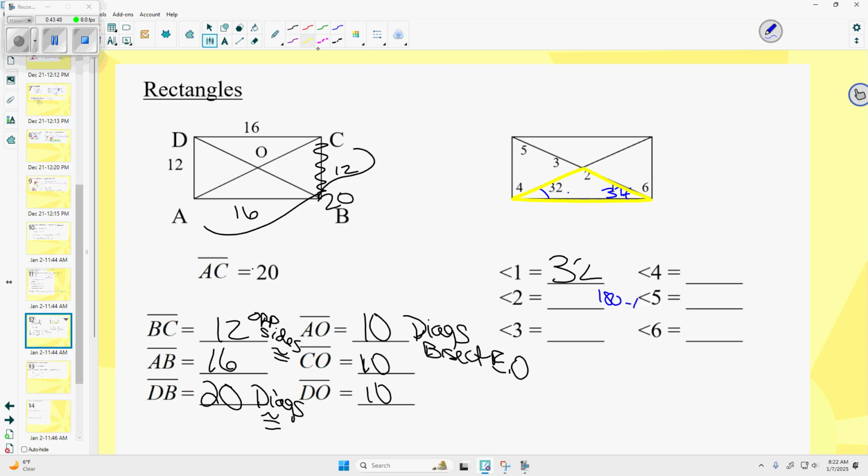So if I do 180 minus 64, that is 116. All right, it's 116. How are we going to get angle 3? Very nice. We've got these two right next to each other. 180 minus the 116, which is 64. Perfect.